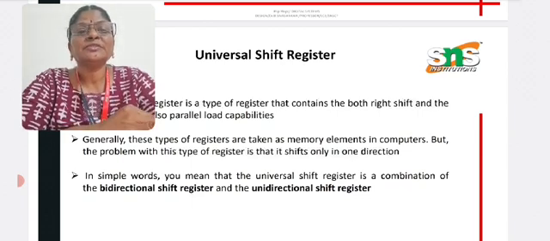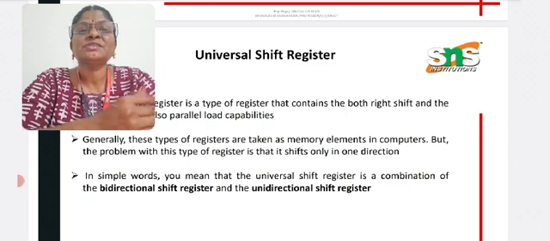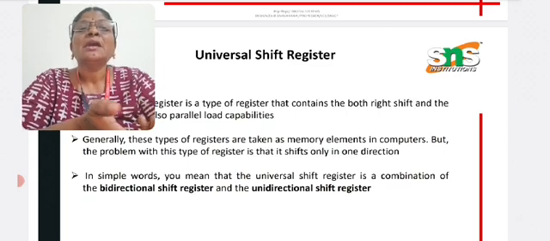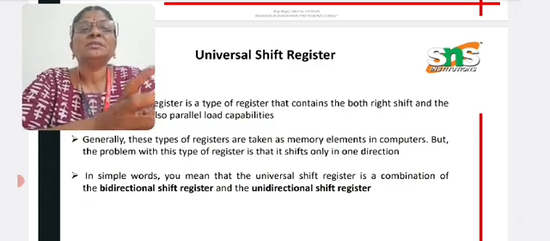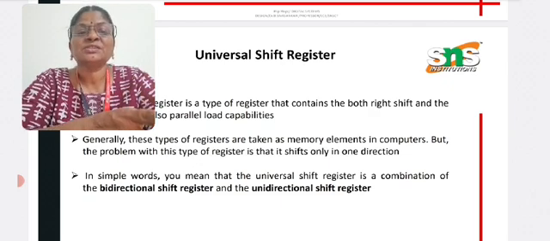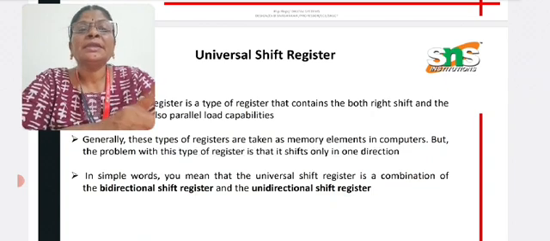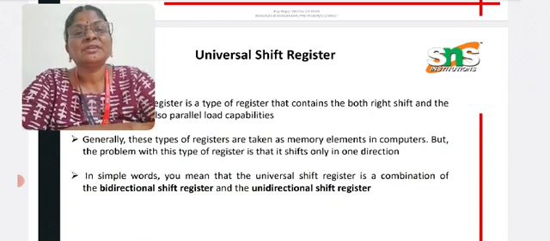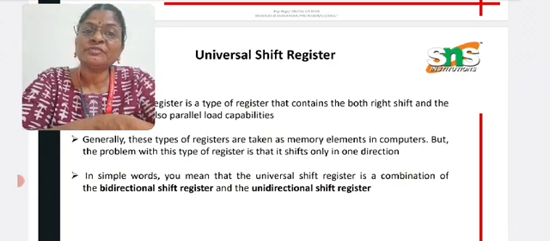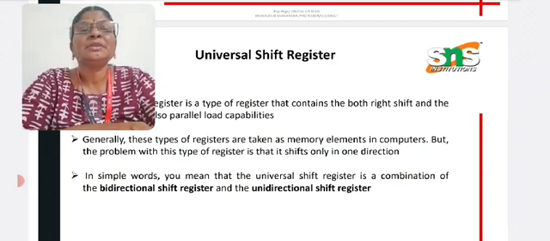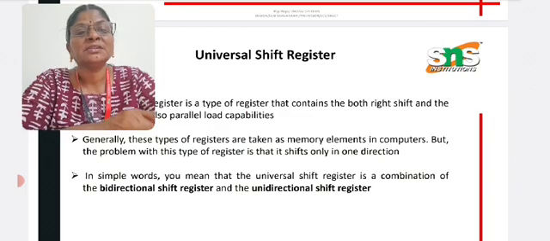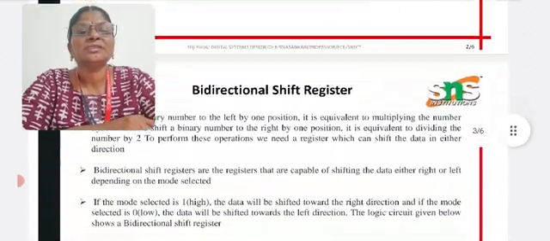So we know the difference: bidirectional means we can move in both directions, and unidirectional means a single direction, either shift right or shift left. Bidirectional means both shift right and shift left can be accessed. So the universal shift register is a combination of both.